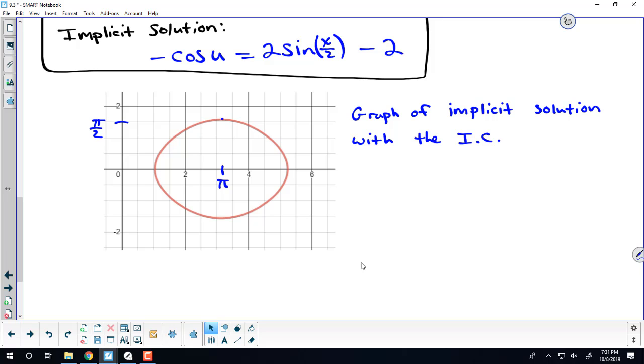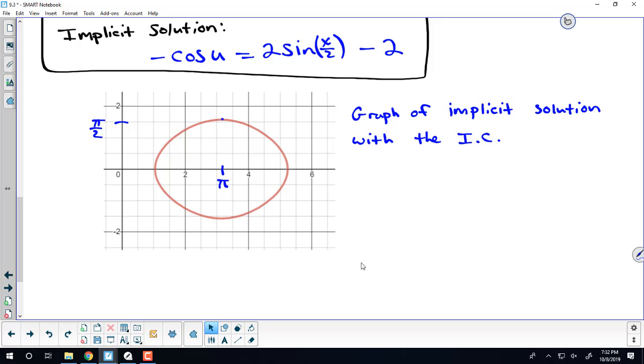Oh, so why is the question asking us for an implicit solution when we could get to the explicit solution? We could explicitly solve for u in this one. Sometimes you can't solve for u, but for some like this, we certainly can. But notice what happens when we solve for u: you're going to have an inverse cosine, which gives a further restriction of the output, right?